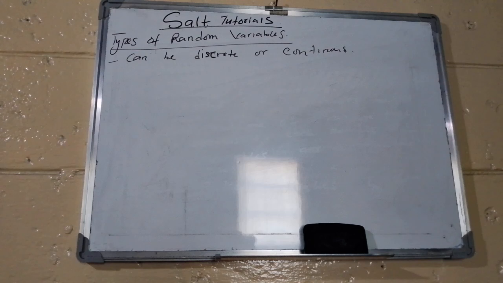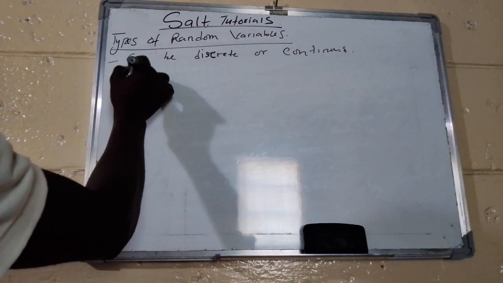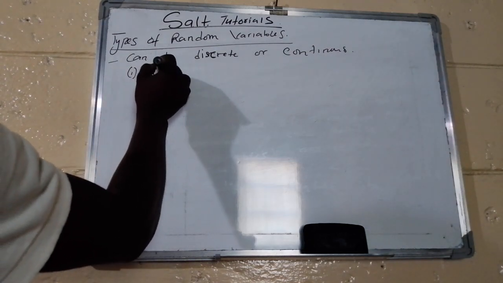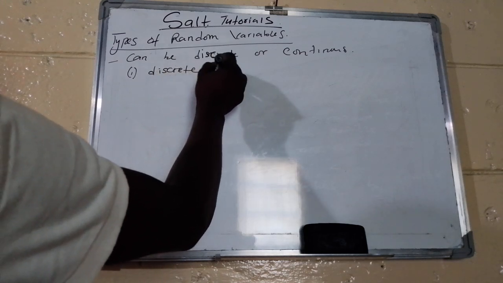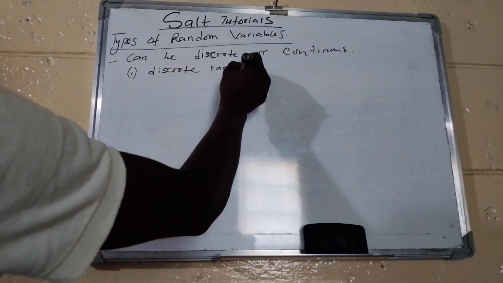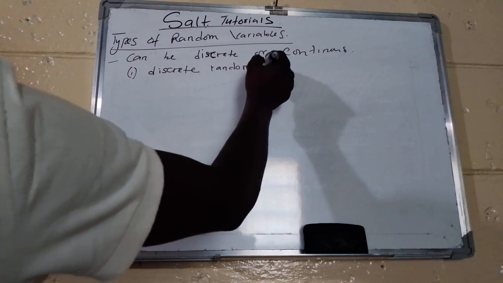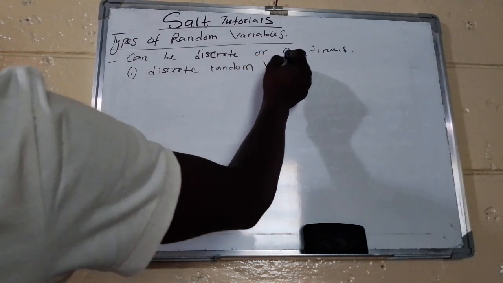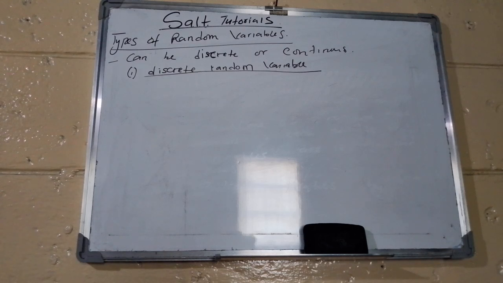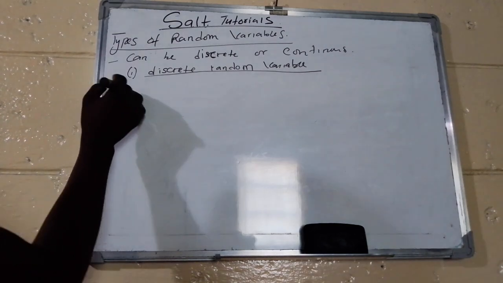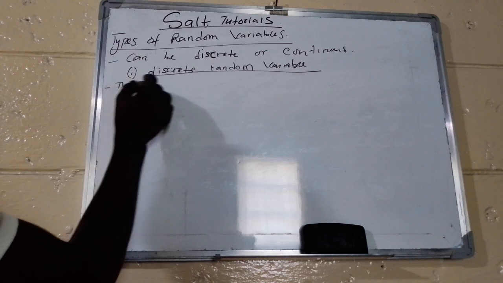So what do we mean when we say a random variable is discrete? When it comes to a discrete random variable, we're simply saying that this is a random variable that takes up countable numbers.